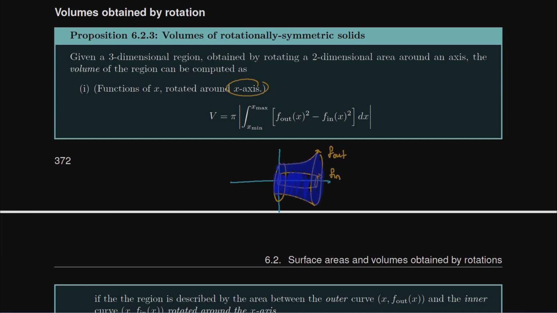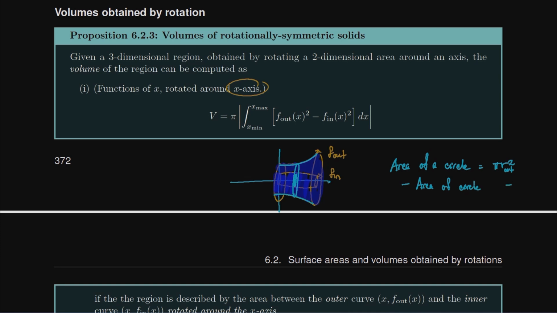We can calculate the volume of those more or less by asking what would the volume of a very thin cylinder be, and then we just drag that very thin cylinder all along. So what would the volume of that very thin cylinder be? Well, it would be the area of a circle, which is pi r squared, but there's both an outer circle and an inner circle.